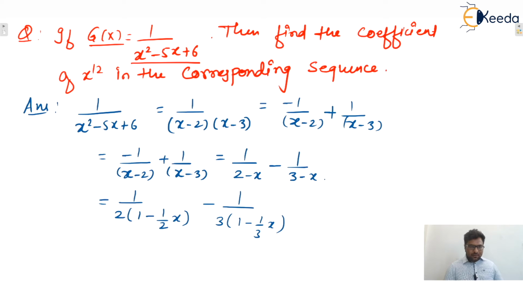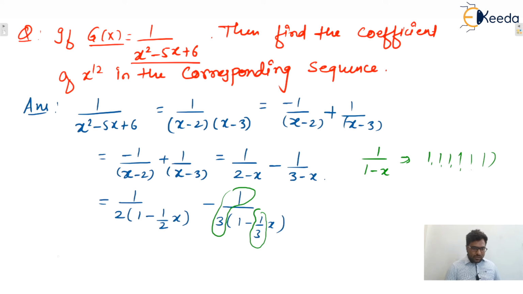This is the standard generating function 1 upon 1 minus x, corresponding to the sequence 1, 1, 1. Now x is multiplied with 1 by 3, so we can apply the properties. The whole sequence will be multiplied with 1 by 3 raised to power r, and this constant will remain as it is.